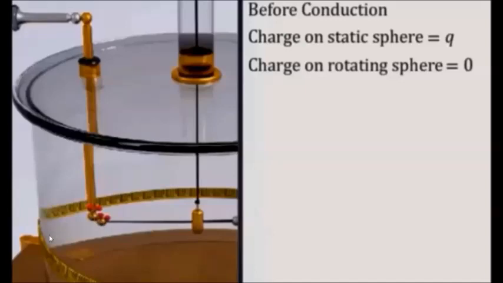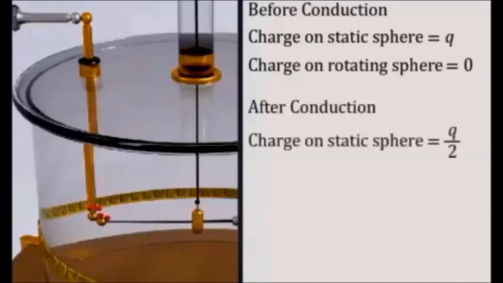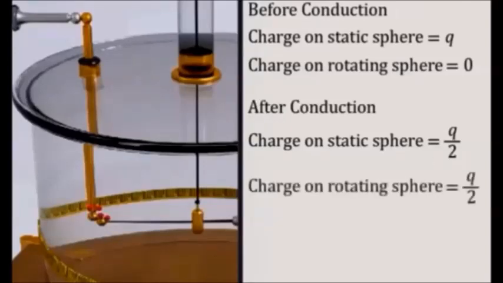So after conduction, the charge on the static metallic sphere will be Q by 2 and the charge on the rotating metallic sphere will also be Q by 2. And this is only because both have the same size.